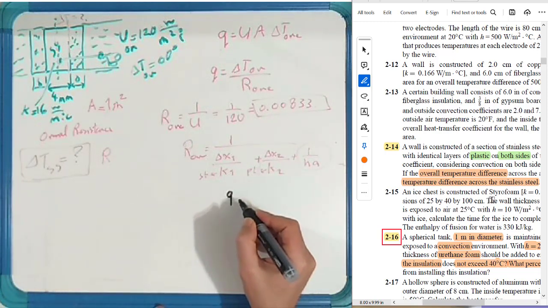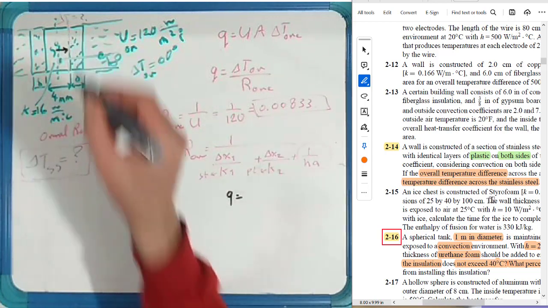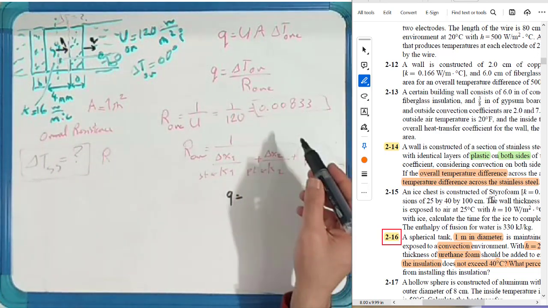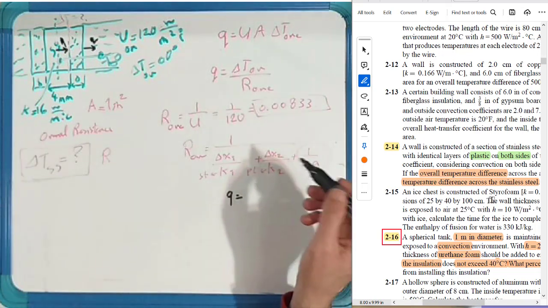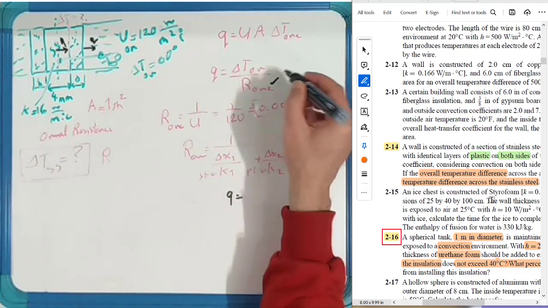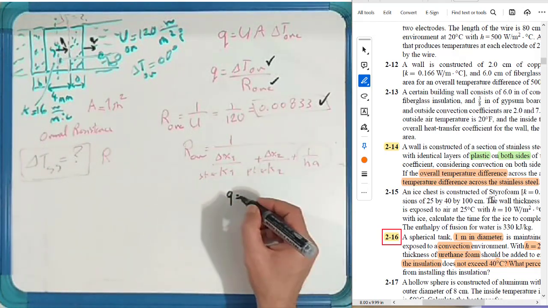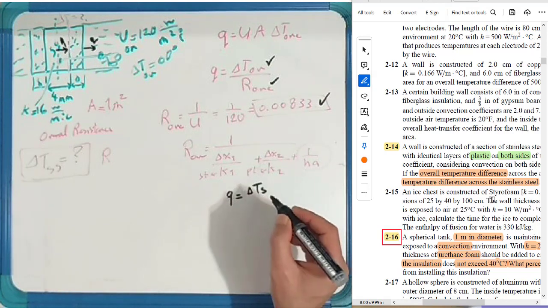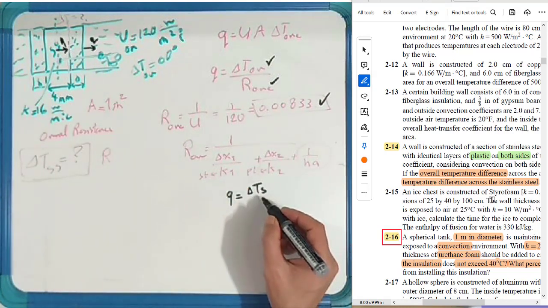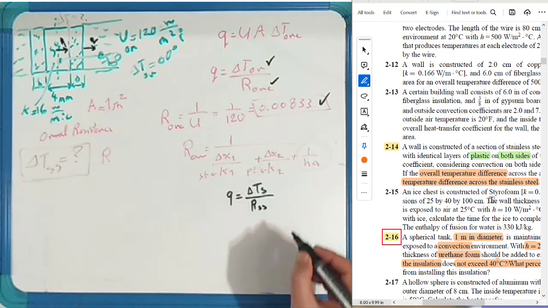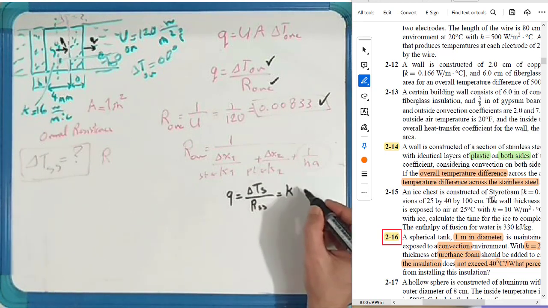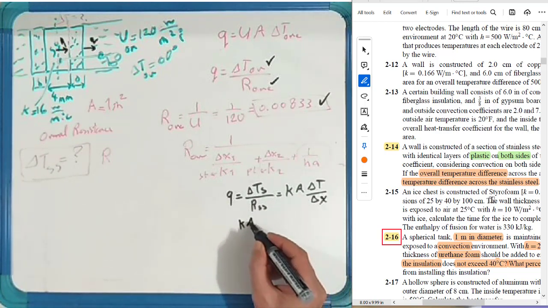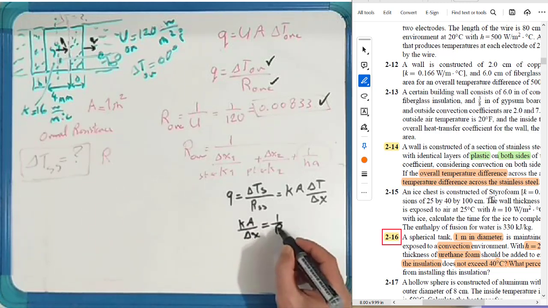I have to write the equation because I know the Q which goes to the wall from the steel is delta T over R. I want to write it for steel too: delta T steel divided by R steel, because we can write K A delta T over delta X, and K A over delta X will be 1 over R for steel.